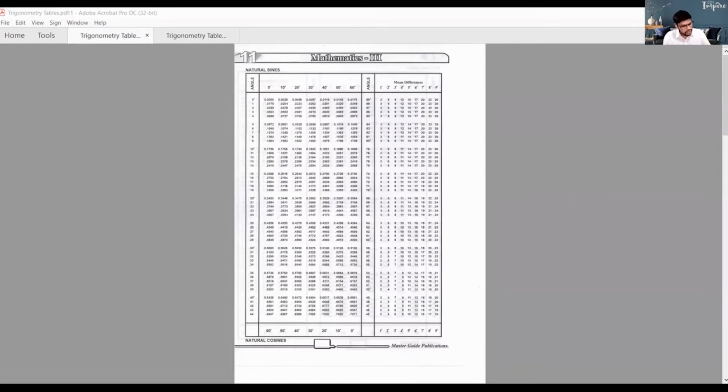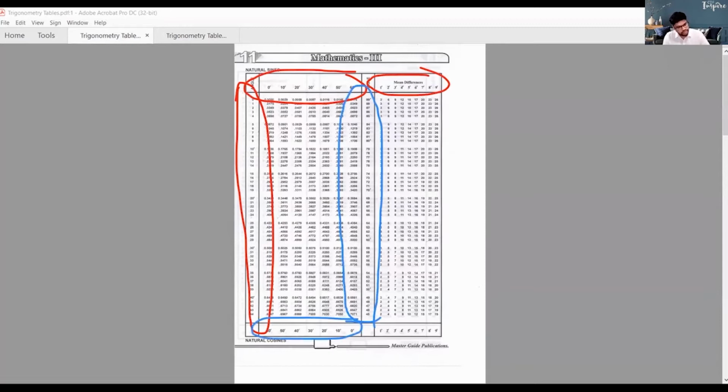When we are reading sine angles, we use this column and these 2 rows. But when we are reading cos, we use this column and these 2 rows. So remember that, children. For sine, we use the red ones. For cos, we use the blue ones.